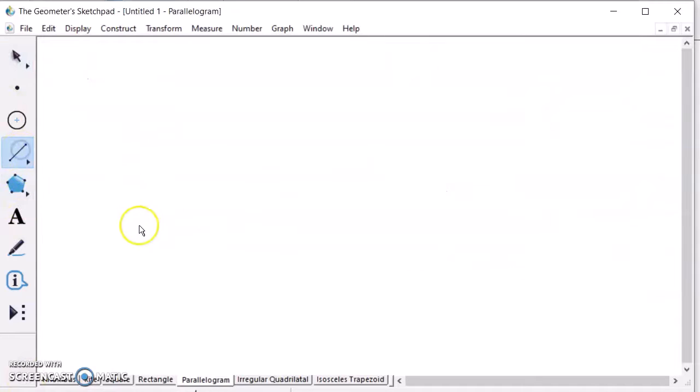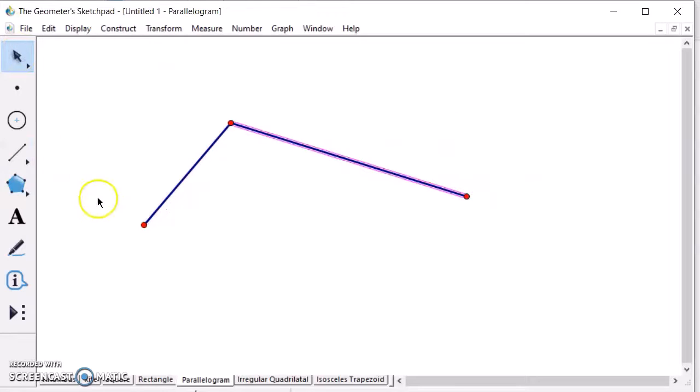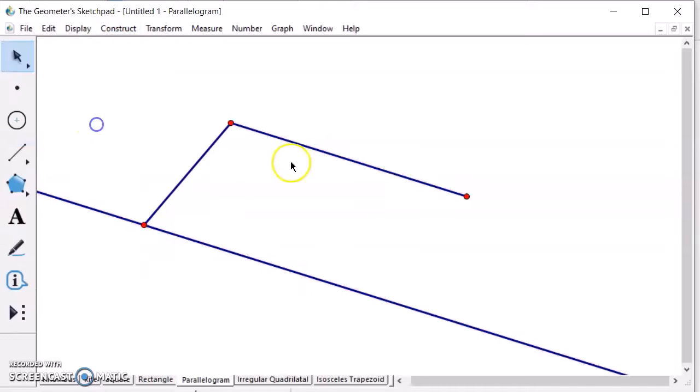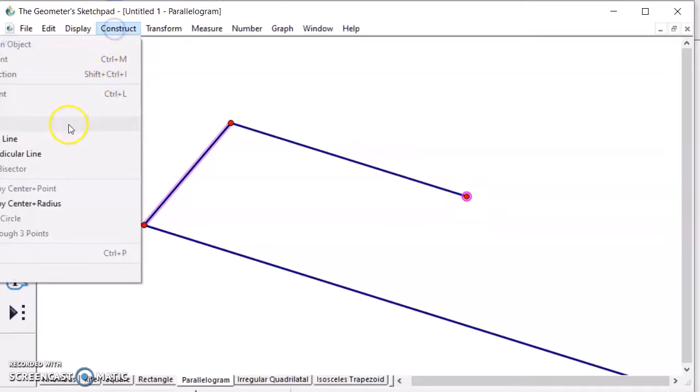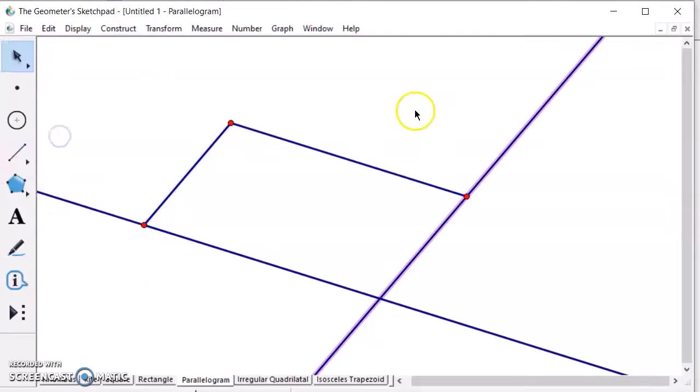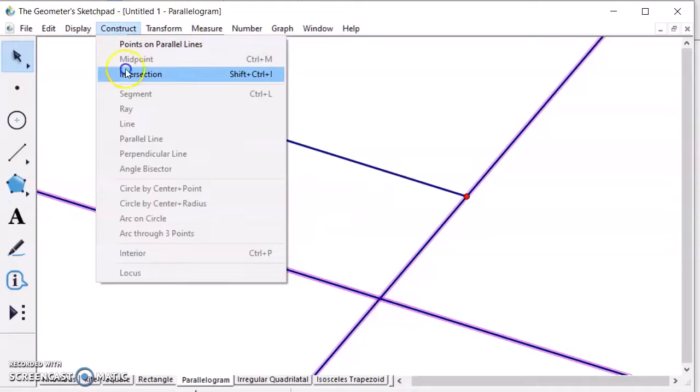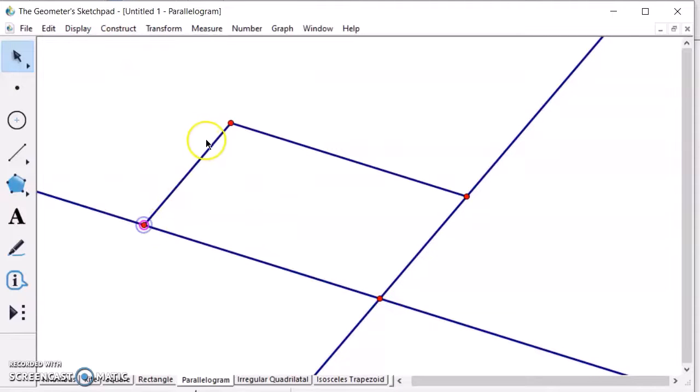And the next one is any parallelogram. So I'm just going to make two random sides, apply the parallel postulate, oops, and now I have, come on, now I have my four sides.